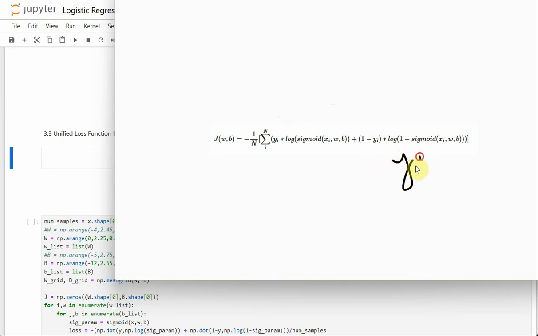When yi equals 0, this part turns into 1, and here y itself becomes 0. So the part of the cost function for the positive class will also vanish. This is how we can join cost functions or losses for both classes in one formula.